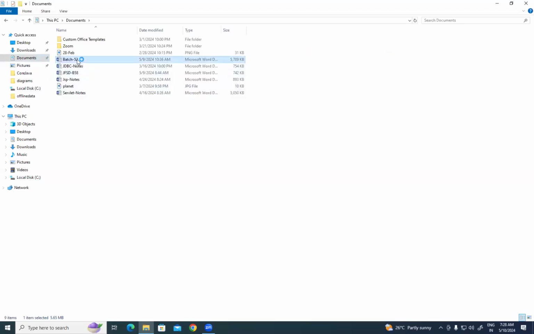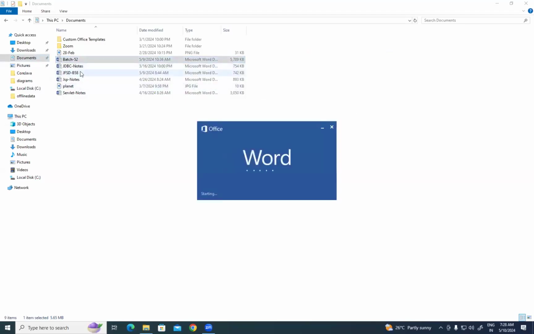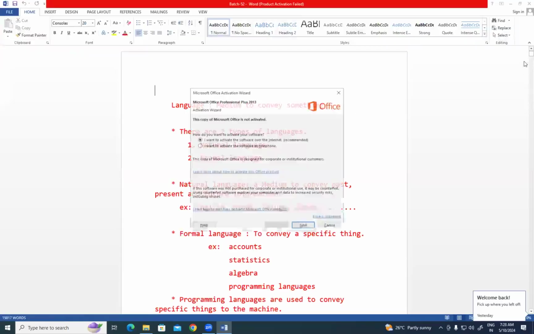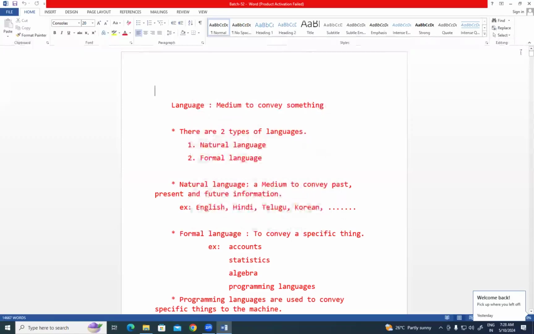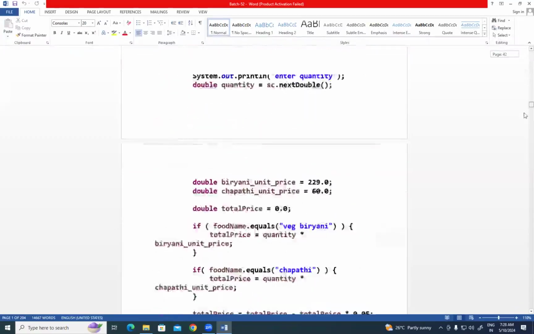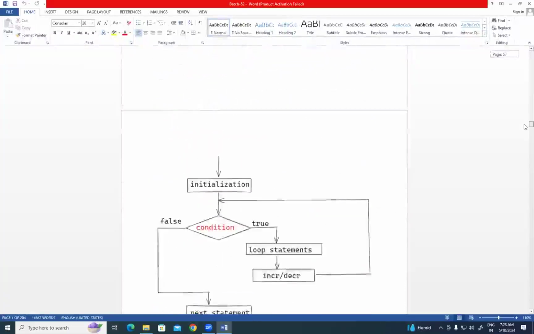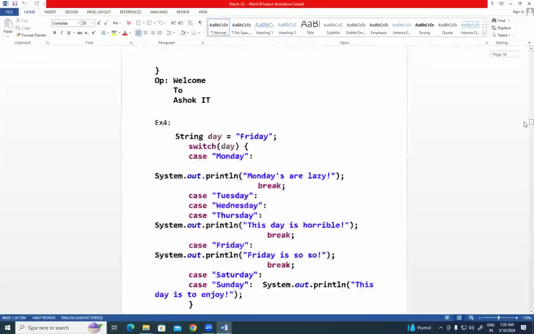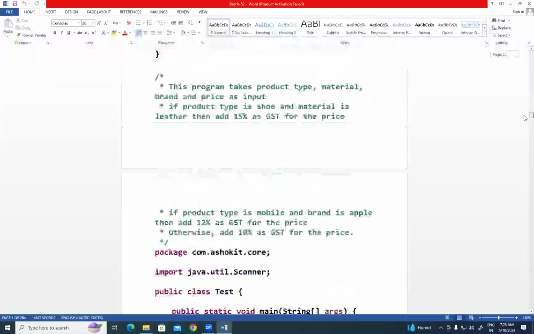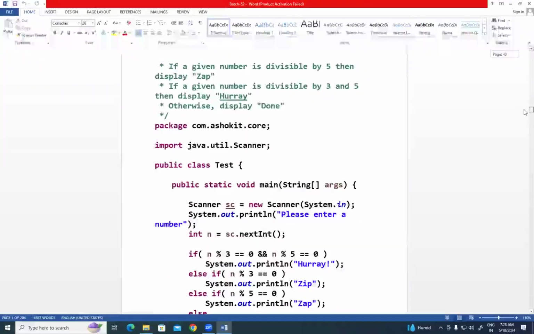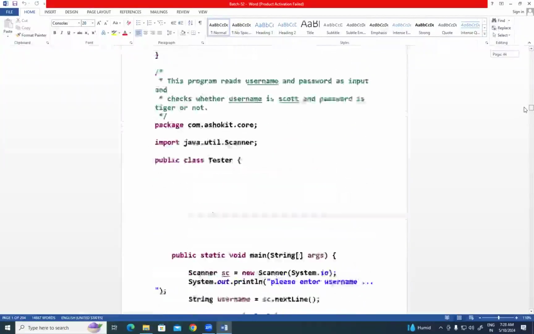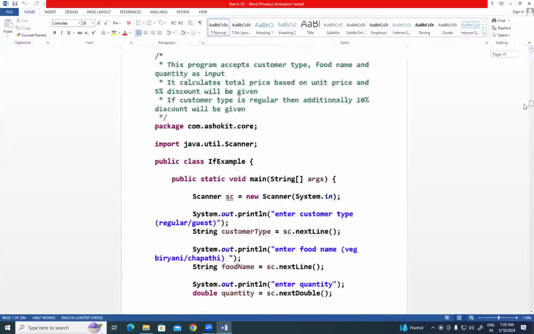Let me just open the doc once. I think it is the other doc. Folks, I'm trying to open the doc. Here I have a table for operator precedence, that's why I would like to show that.